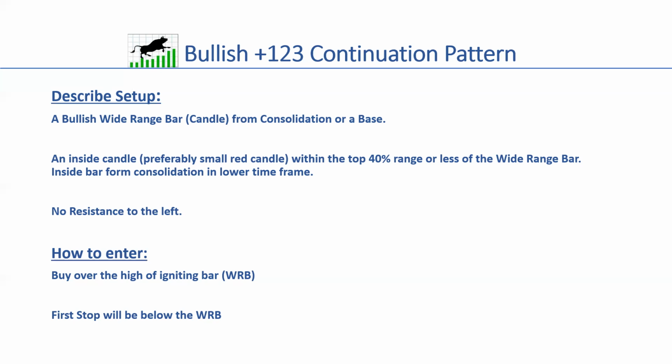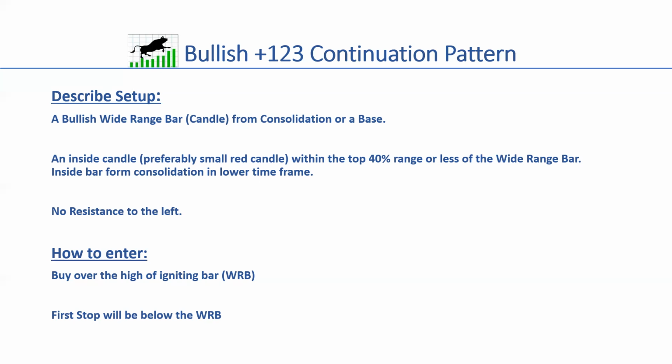That means the first bar in the 1 2 3 continuation pattern is the wide range bar, right? Then the second bar is the inside red candle bar, which is a very small range candle, also a consolidation in the lower time frame.